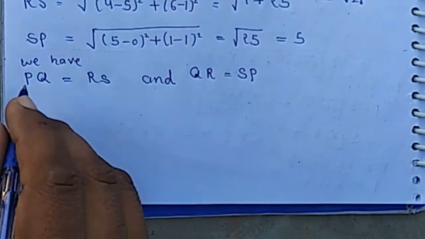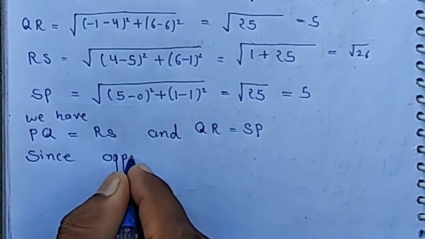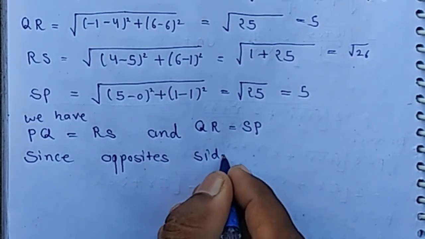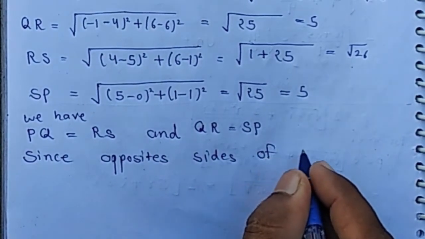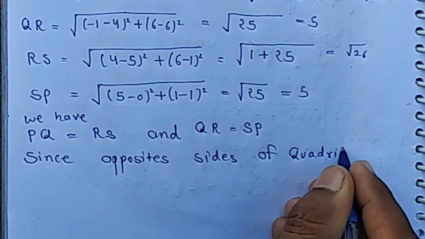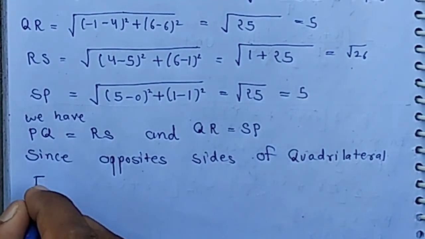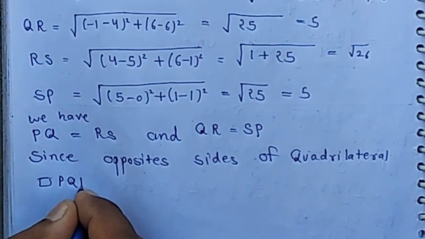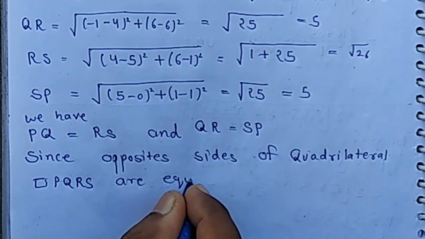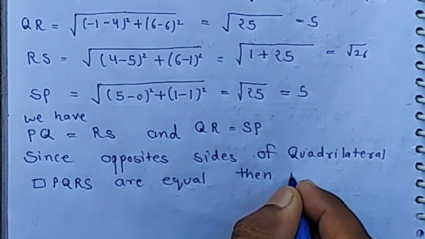Since opposite sides of quadrilateral PQRS are equal, then it is a parallelogram.